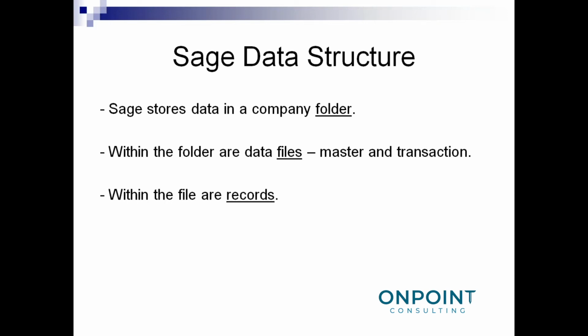And then your master file is where all the static information comes from. So things like vendor ID, vendor name, address, phone numbers, employee names, filing statuses, those types of things are considered static information, as well as fields for accumulated totals, like job-to-date cost, job-to-date estimate, job-to-date dollars paid.